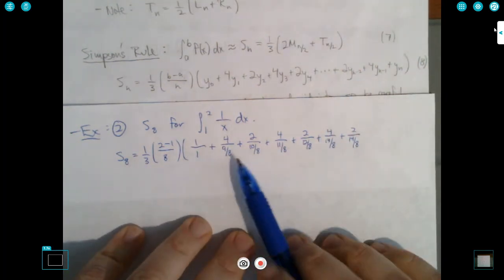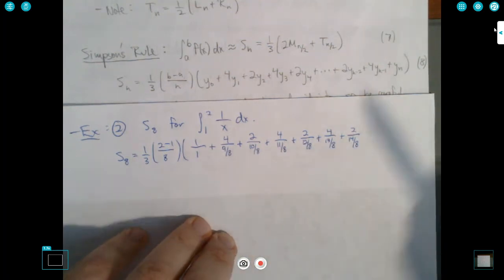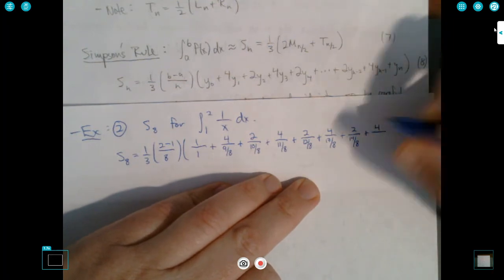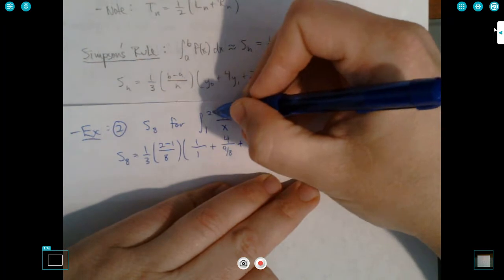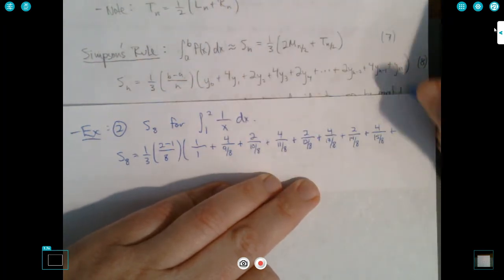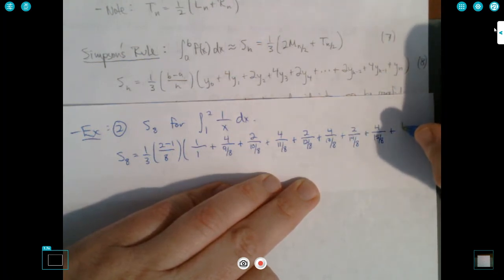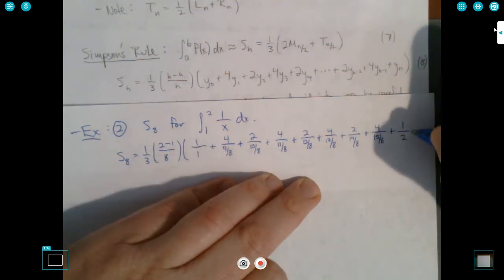How far should I go? So I've got 1, 2, 3, 4, 5, 6, 7, 15/8, and then 16/8 would get me to 2, right? So that's where I'm going to stop. So plus, and that one I don't multiply by 2 or 4. I just have 1, right? It's just 1 over 2.